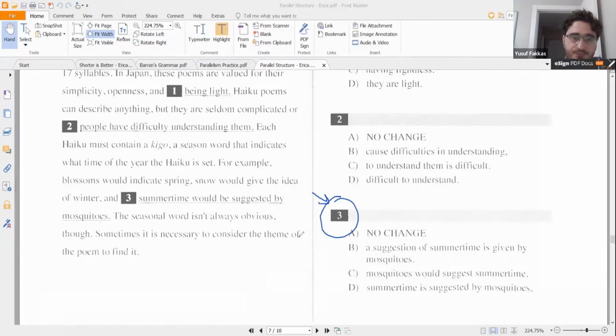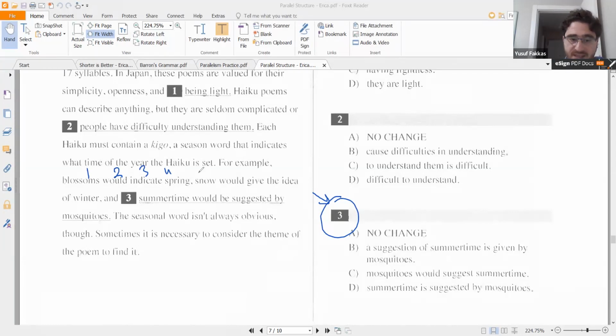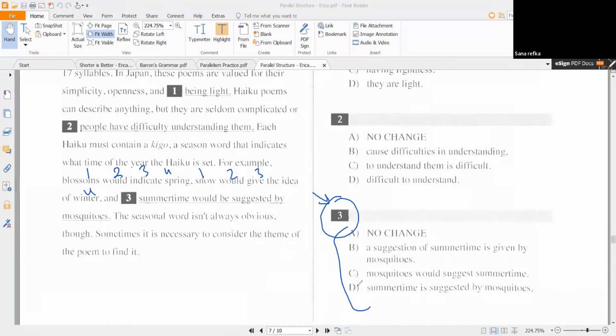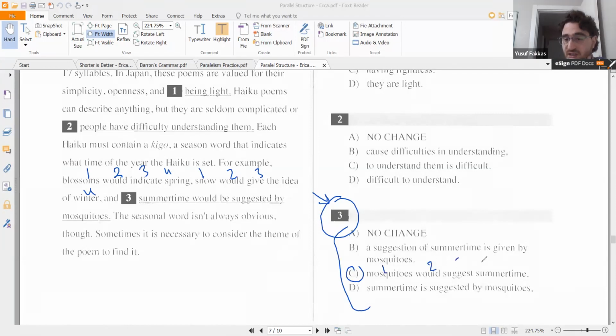If you look at the first one, blossoms would indicate spring. In the same way, snow would give winter. So which of these options gives us the same one? C. It is C. Mosquitoes would suggest summertime.